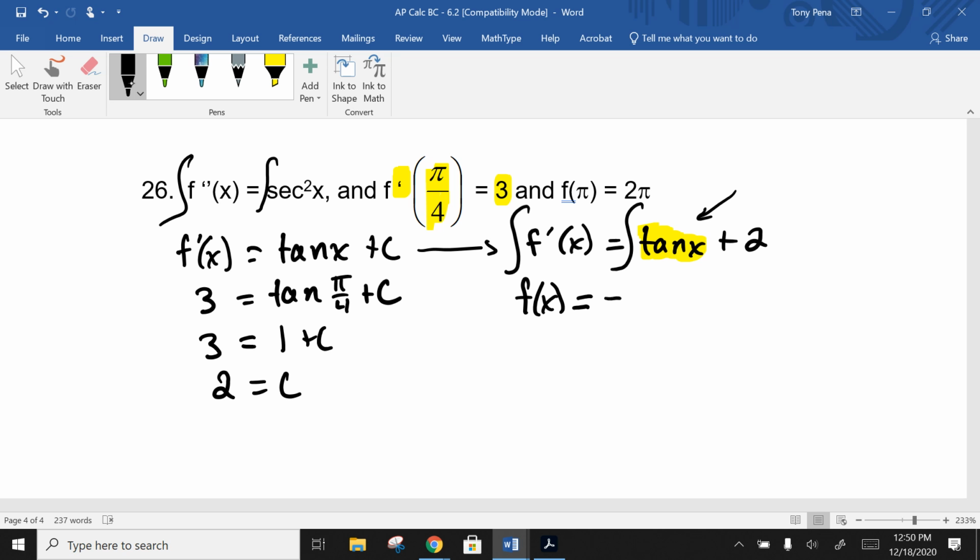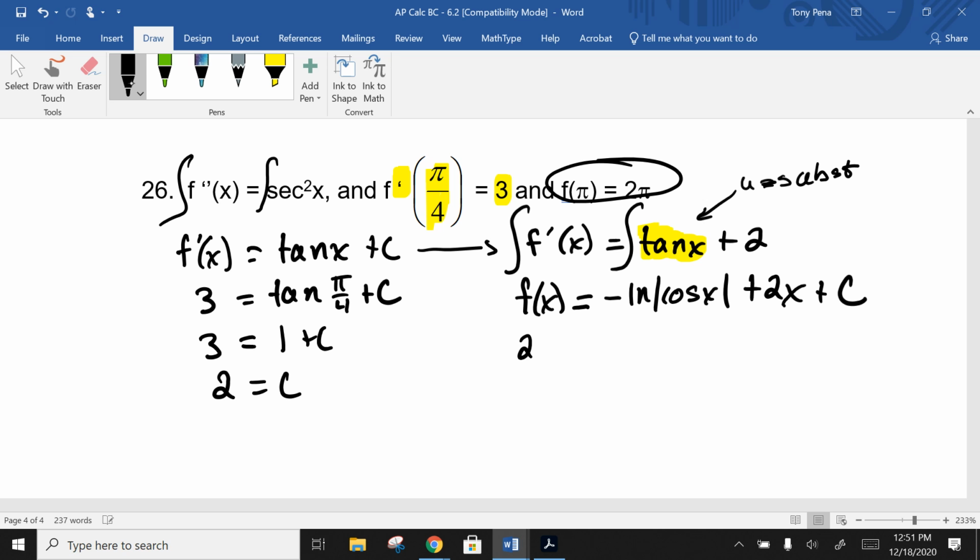We want to know right away that the antiderivative of tangent is the negative ln of cosine of x, and we can make this a whole lot shorter. And then plus our 2x plus our c. If you're going through u substitution now, this just becomes a nightmare. It's already so much work, it just becomes more.